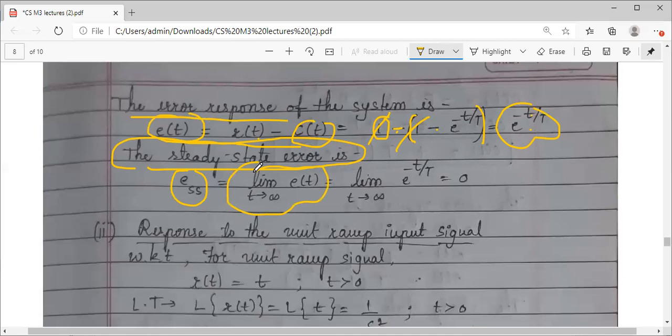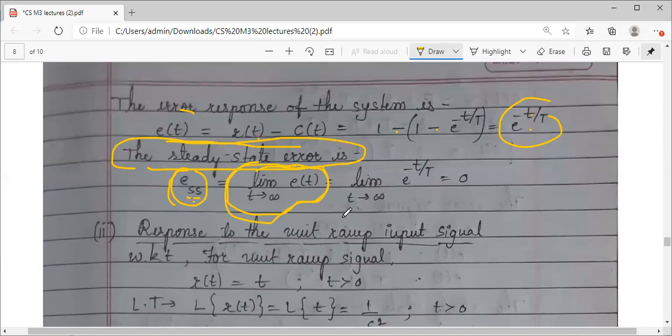As for now, you just take this equation, that is how to calculate the steady state error. That is steady state error, E subscript SS. This is whatever error signal you have calculated, R minus C, जो आया है आपका. For this, you apply the limit as t tends to infinity.